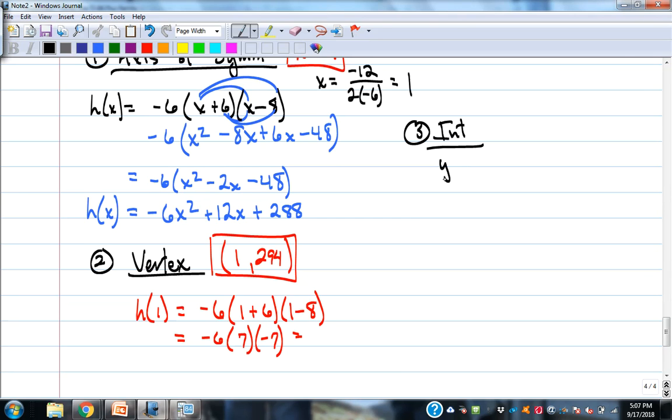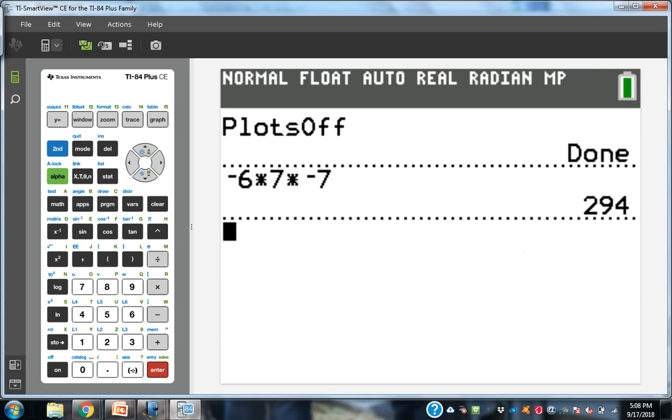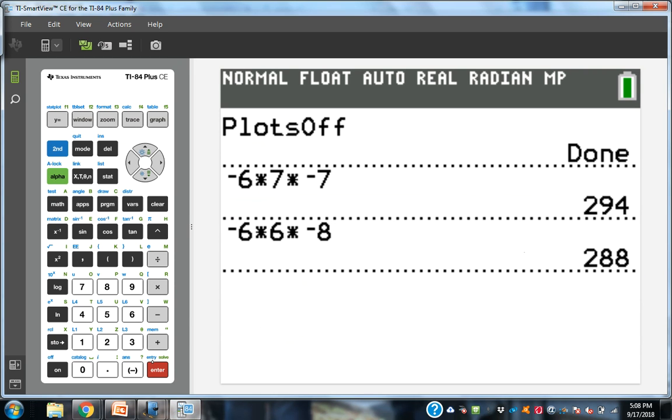For the y-intercept, we're plugging in a 0, h of 0. So that'd be negative 6 times 0 plus 6, 0 minus 8. Negative 6 times 6 times negative 8. Positive 288.